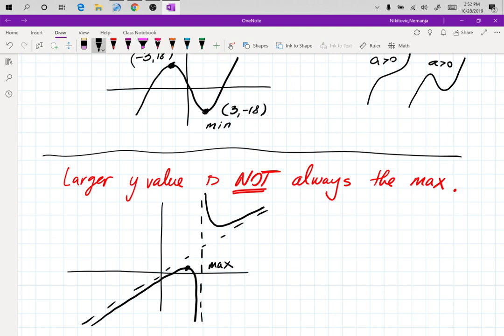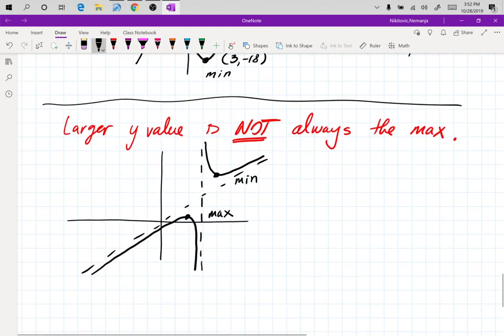But its y value is smaller than the min. See that? The minimum has a larger y value. Do we all see that? So you have to be careful. You can't just go blindly and say, oh, this is a bigger number, so it's a max. No. There's the example that immediately buries that kind of thinking.